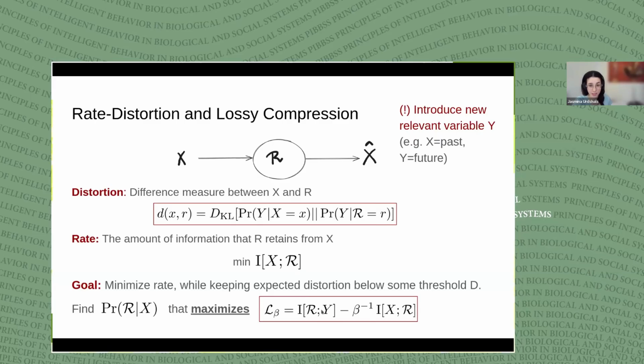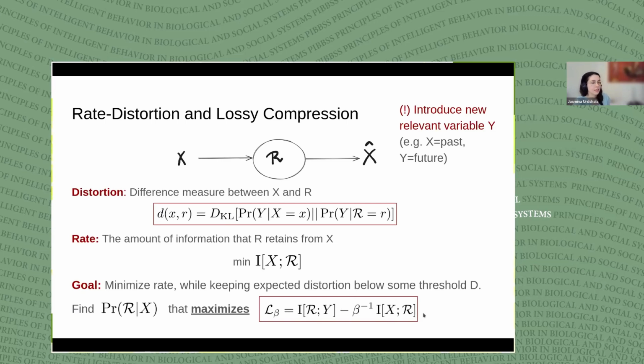So if this is big, then distortion is small, and vice versa. And now we have this object that is only in terms of the variables we care about. So X, our initial information source, the lossy representation R, and this relevant variable Y that encodes future properties and is relevant to both observables.